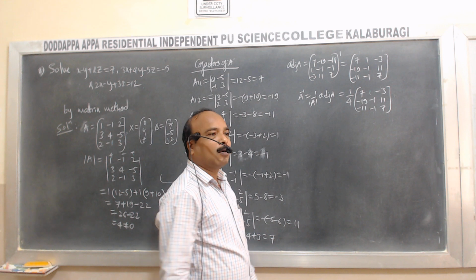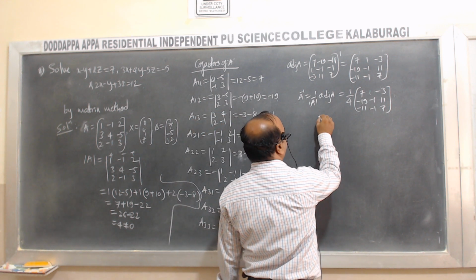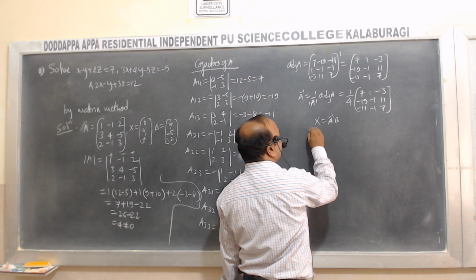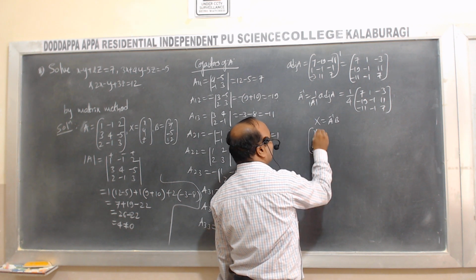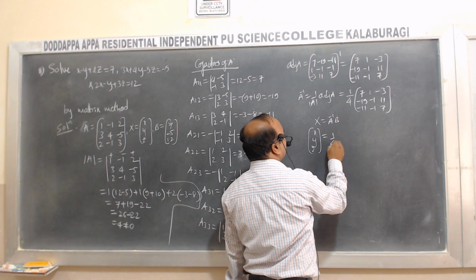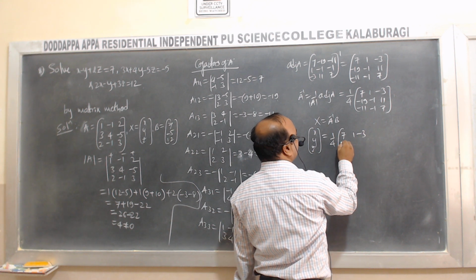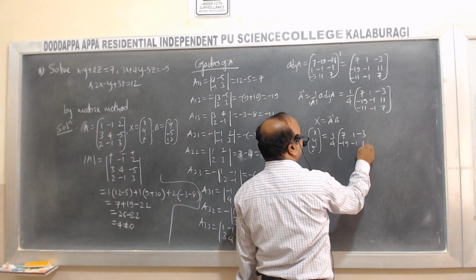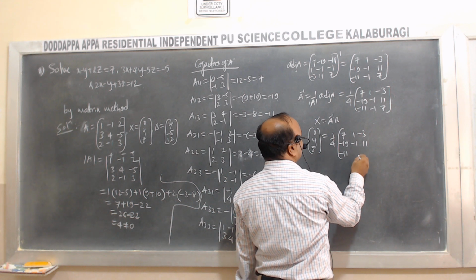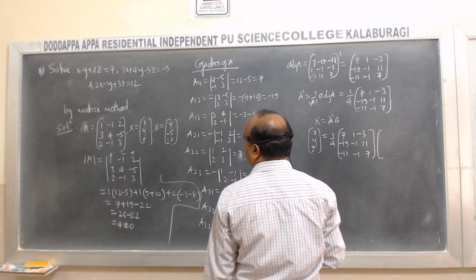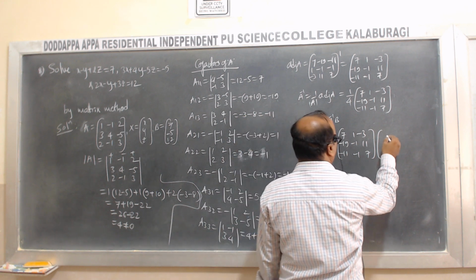Now we go for the X value, that is given by X equal to A inverse into B. X, that is x y z, equal to A inverse, which is 1 by 4, 7, 1, minus 3, minus 19, minus 1, 11, minus 11, minus 1, 7, into the B matrix, which is 7 minus 5 12.